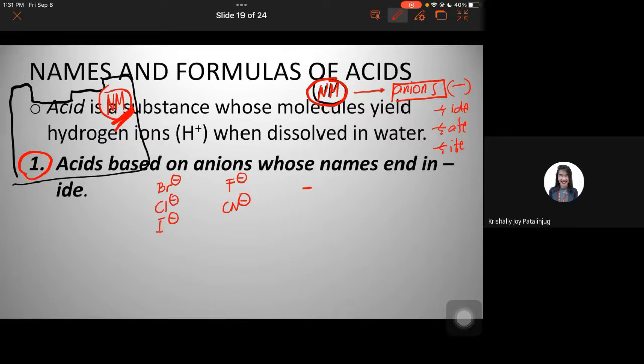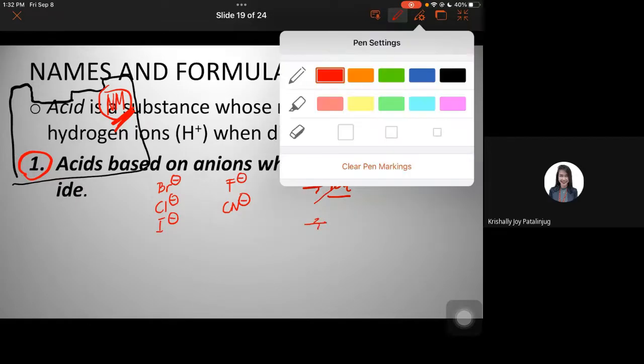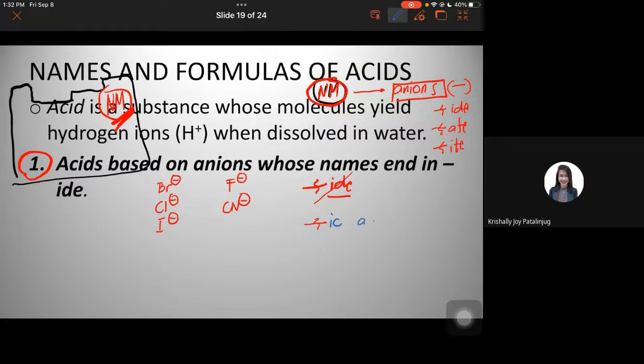If it ends with IDE, listen, you have to replace the ending IDE with ic acid and use the prefix hydro. Okay? Hydro. When you say prefix, in English grammar, it is added on the first part of the word.